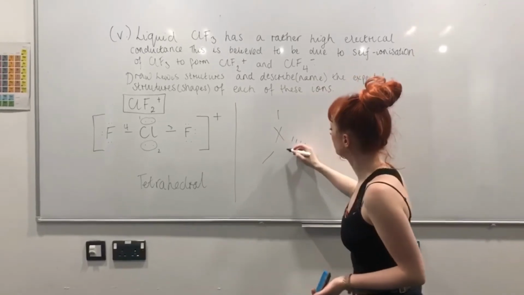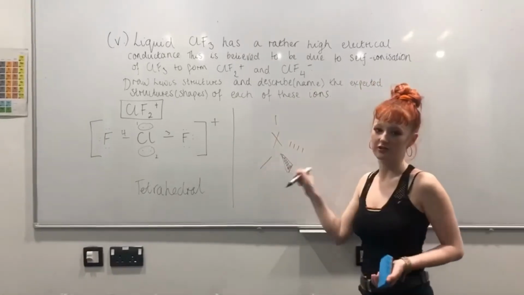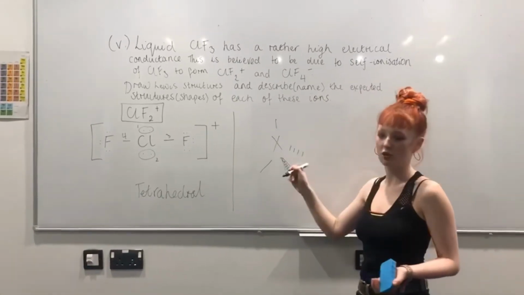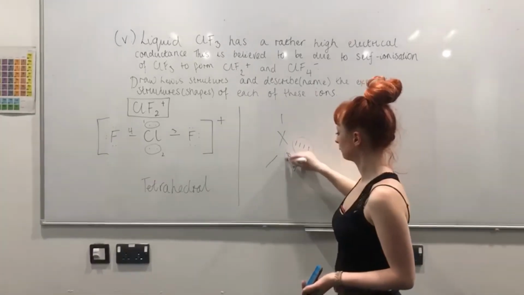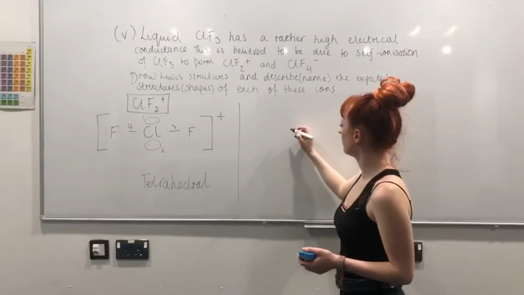So this is a tetrahedral shape, and because all of the angles are the same, you can choose any of the bonding pairs to put your lone pairs on. So just those, and this would look like this.